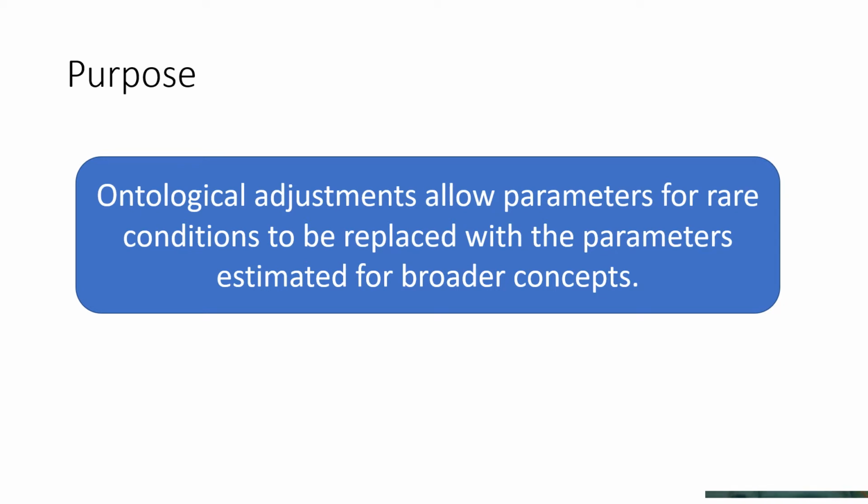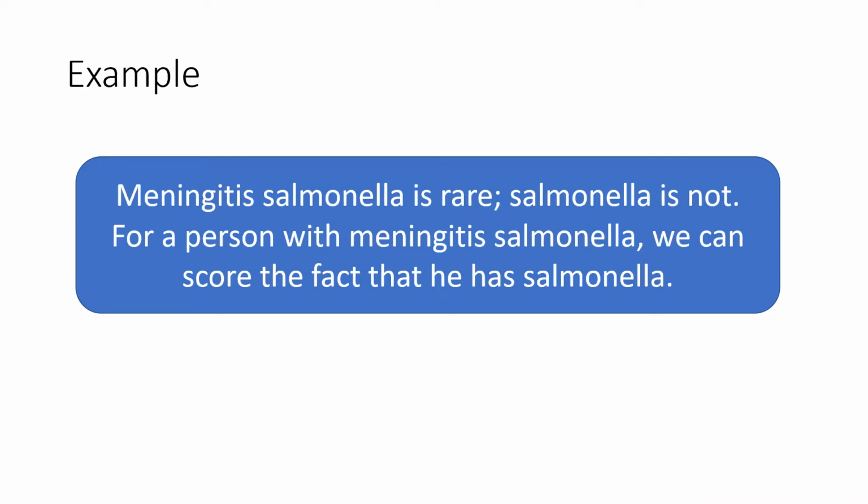The purpose of ontological adjustments is to allow parameters for rare conditions to be replaced with the parameters for broader related concepts. For example, meningitis salmonella is rare, but salmonella in general, with all different types, is not.